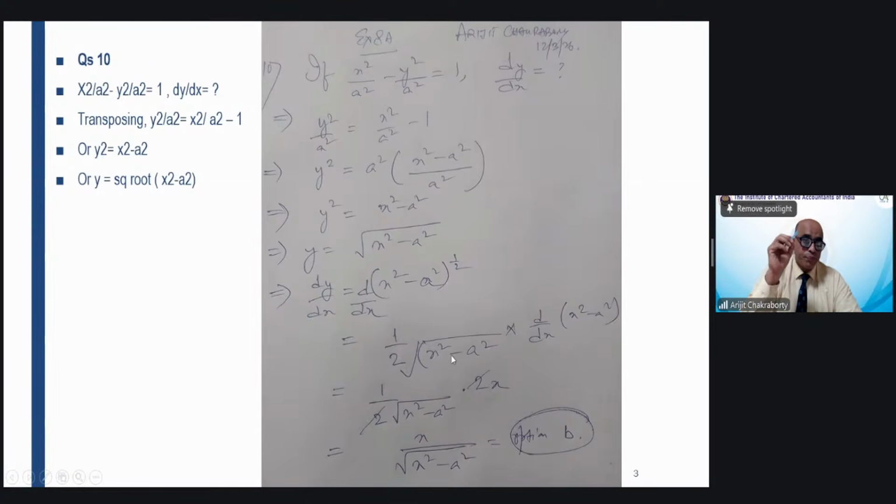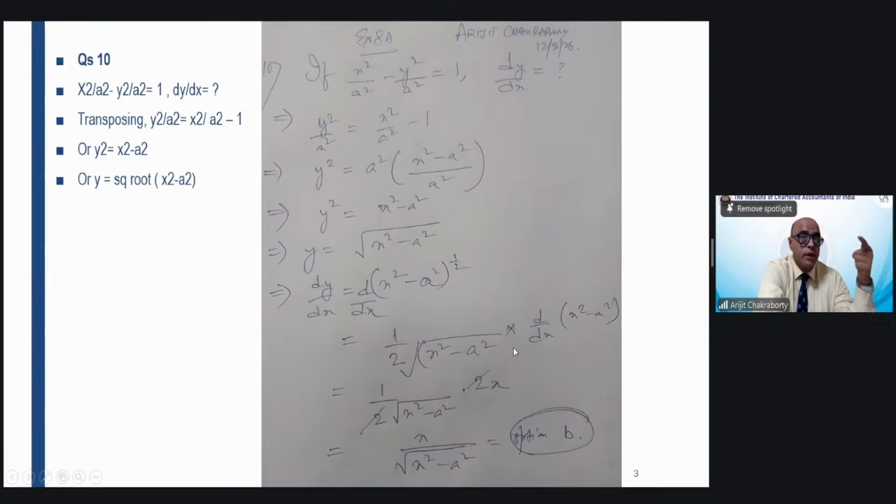This is of the form x to the power n. That means x to the power n, if you differentiate, it becomes n x to the power n minus 1. So here we are getting 1 by 2 x square minus a square to the power minus half. So it becomes 1 by 2 in the denominator square root of x square minus a square.